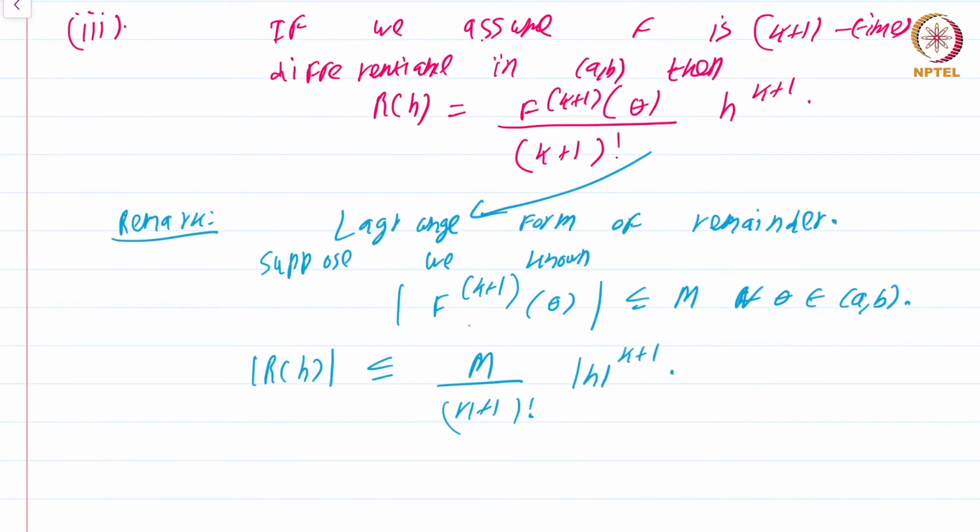Now observe that in the Lagrange form of the remainder, there is a quantity theta that is unknown to us. This theta will in general change when you perturb the point h. So even if you have fixed x, depending on the h, this theta will change. So even though I have written R of h, this expression on the right has an implicit dependence on h even in theta. So a better way to write it is theta of h.